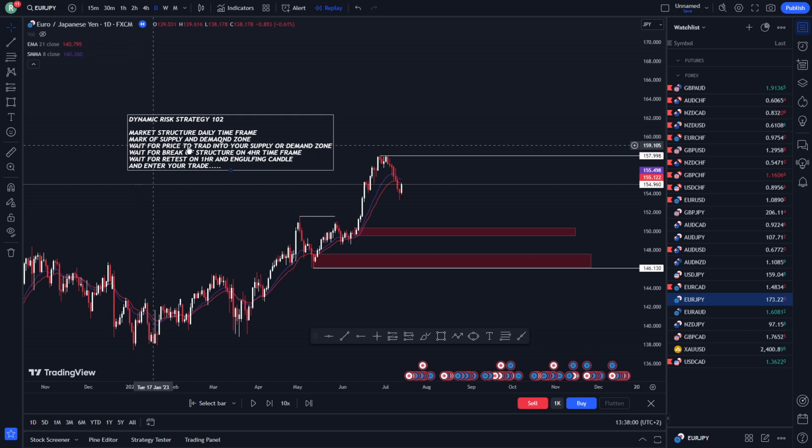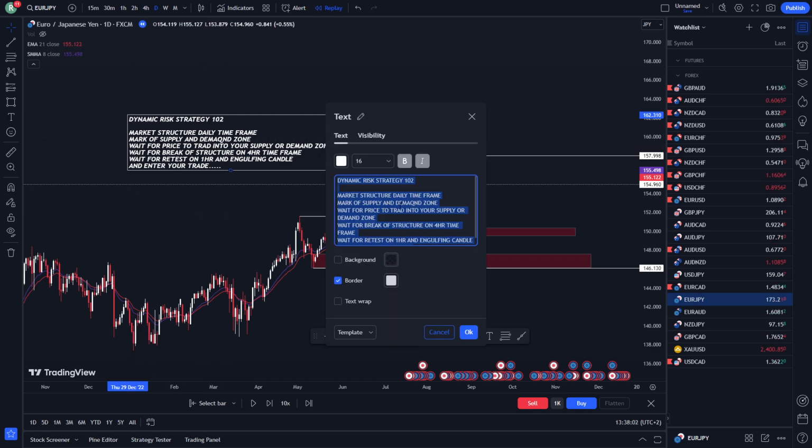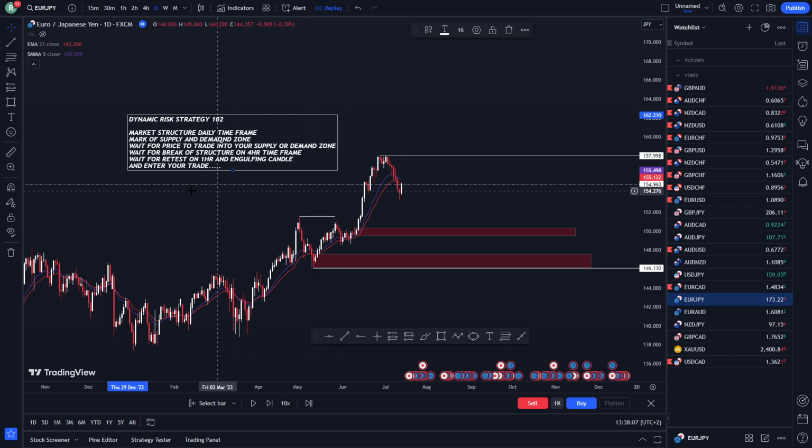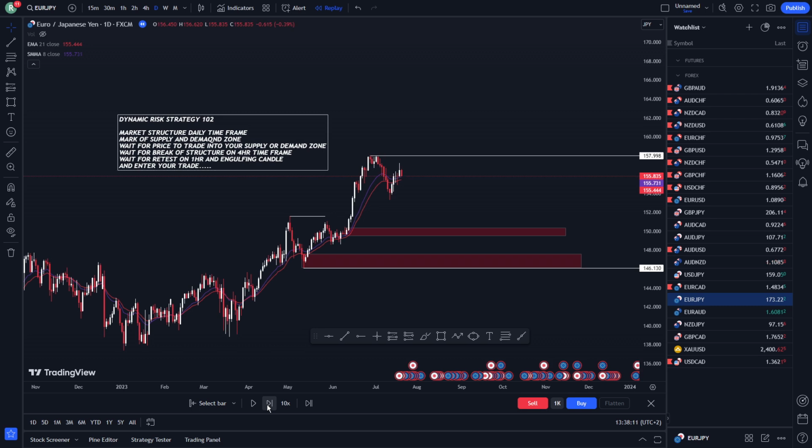Okay, now we're just gonna wait for price to trade into your supply or demand zone. Right. So now we just have to go forward. Must wait for price to trade into this.